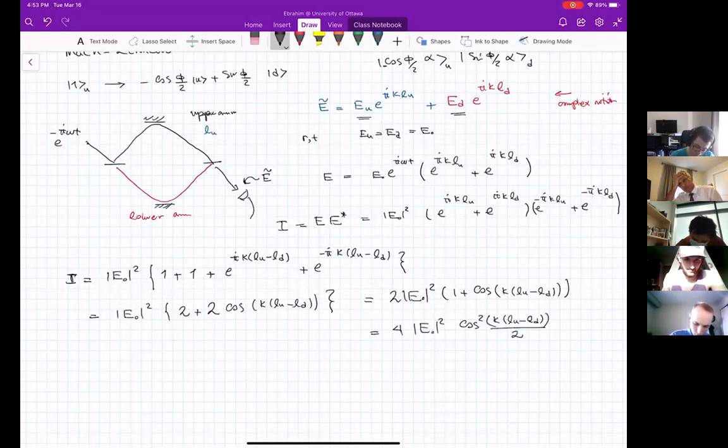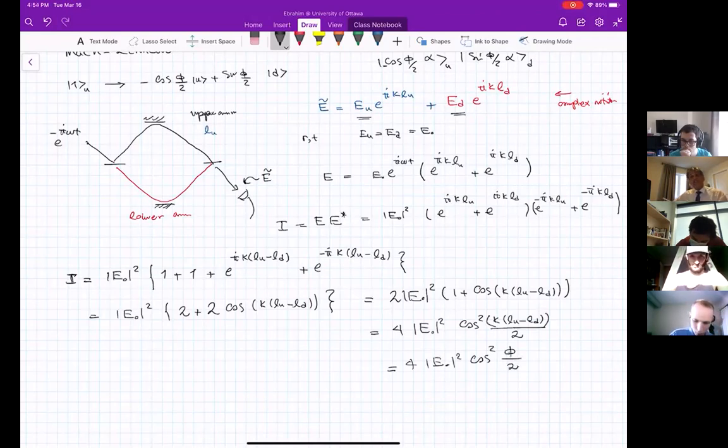This is totally classical. So we inserted, let's say, a continuous-wave coherent field into the Mach-Zehnder interferometer, and we are looking at the other side, and we see what we get there. Okay. And essentially, what we get there is 4 E0 squared cosine squared of phi divided by 2.